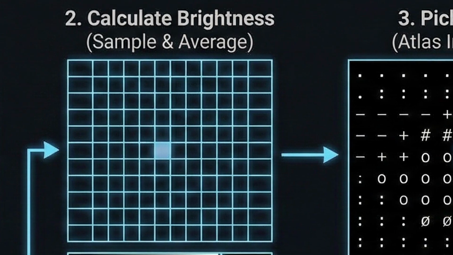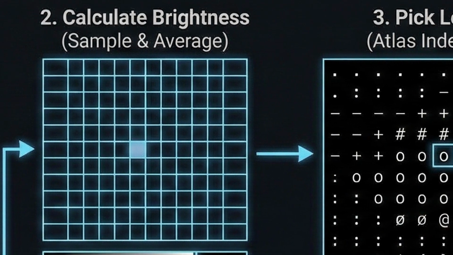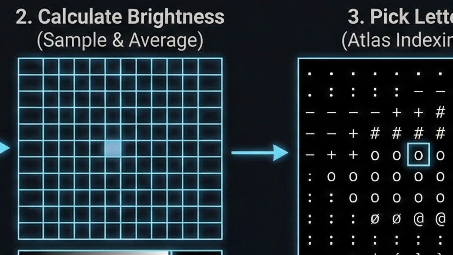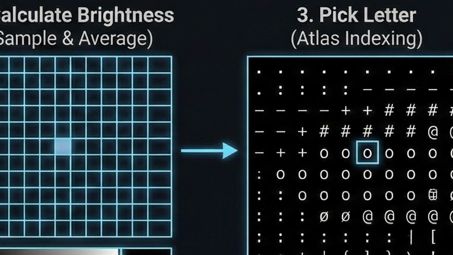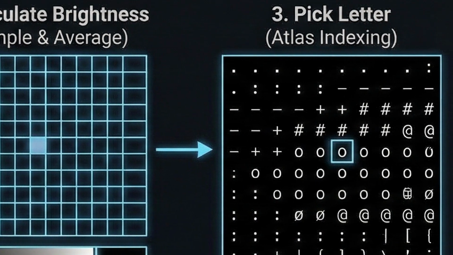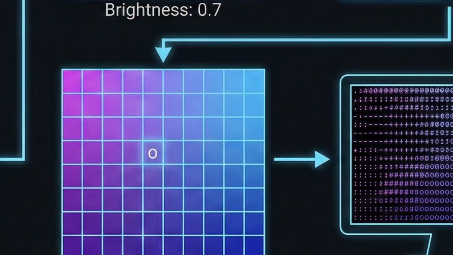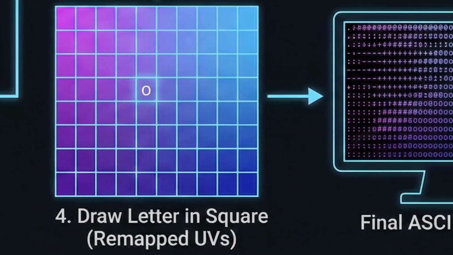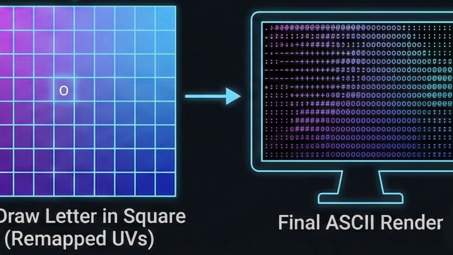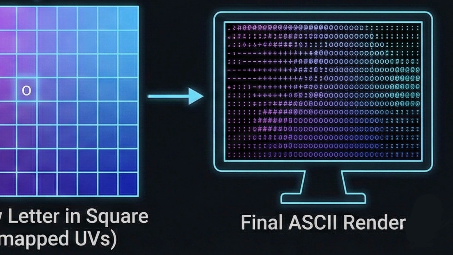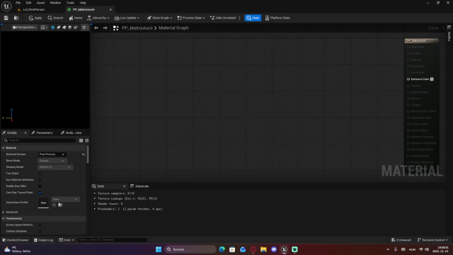Then we are going to import a texture of an ASCII matrix or this ASCII list, and map each of these ASCII characters based on brightness. That's basically the whole logic. So let's get into the shader.